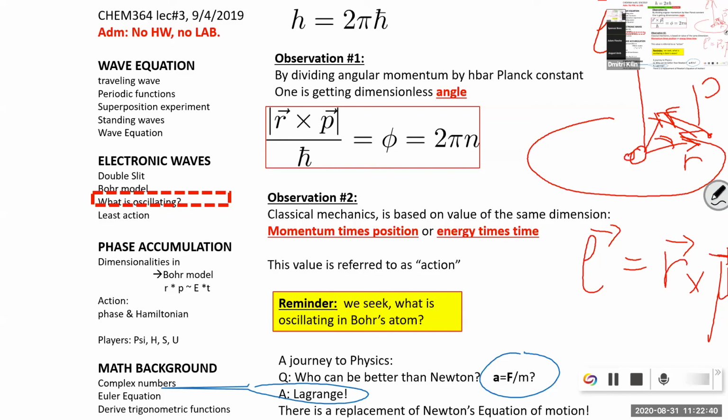And if one looks at the value of angular momentum in terms of the Planck constant, then it will be in units of either radians of angle, or if one divides by 2 pi, it will be just dimensionless. And the statement that comes out of this Bohr theory is that permitted states of an electron in the atom are only those when the angular momentum of the rotation takes integer numbers.